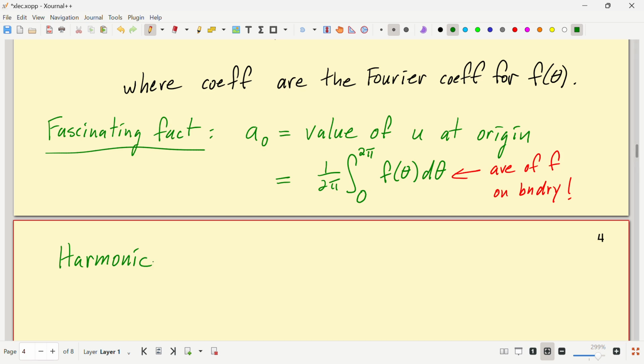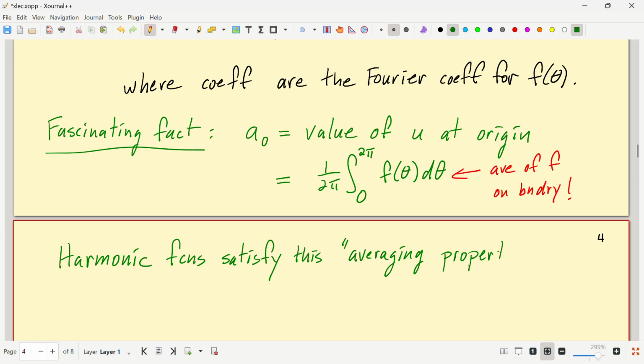I could have taken a circle that's not of radius 1 and gotten the same consequence. So harmonic functions satisfy the averaging property on circles.